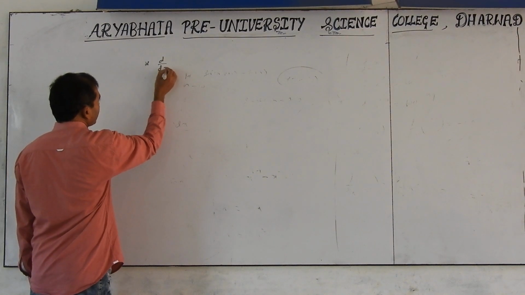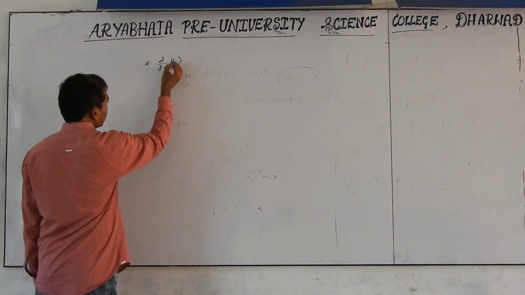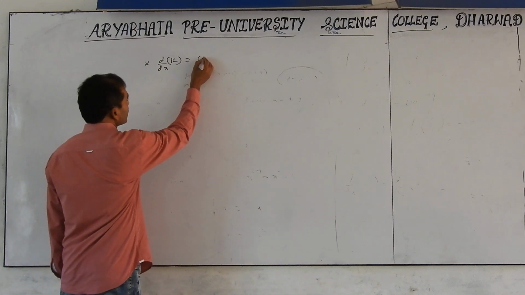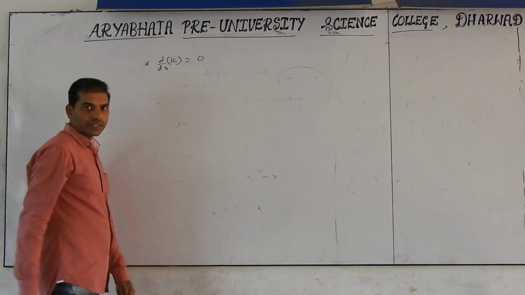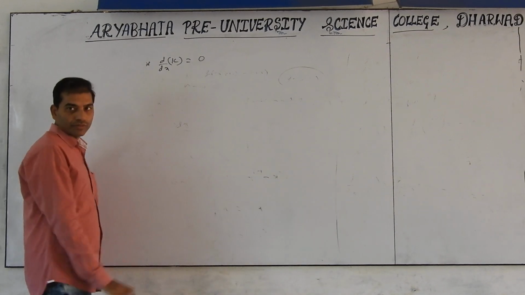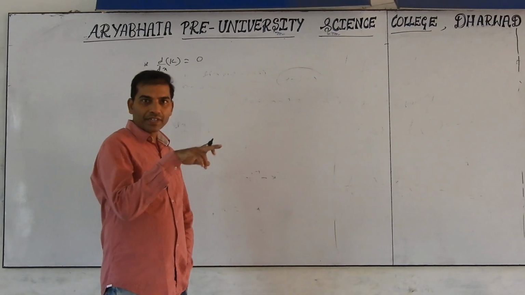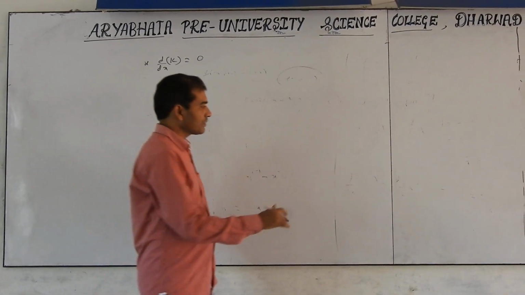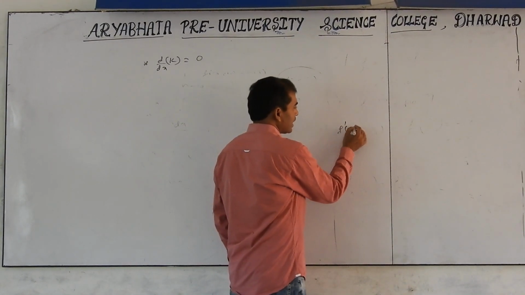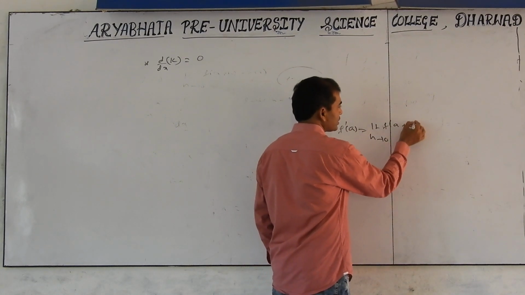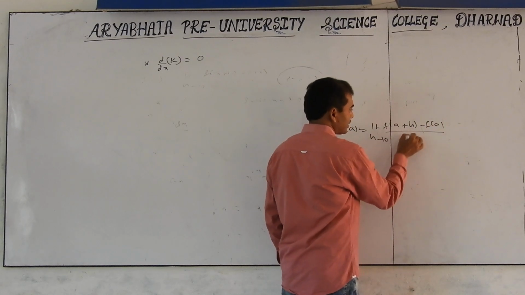d by dx of a constant k, d by dx of k equal to 0. The derivative of a constant is 0. Understood? Why? By the first principle of derivative. What is the first principle of derivative? f dash a equals limit h tends to 0, f of a plus h minus f of a by h.